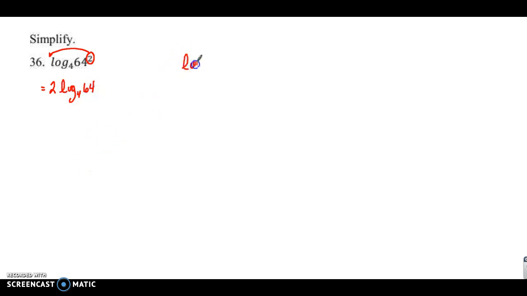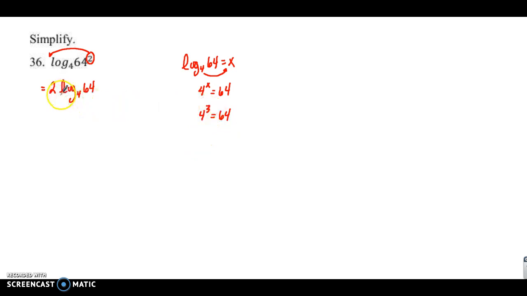Well, if I want to find what log base 4 of 64 is equal to, sort of that evaluating we did before, we could say 4 to what power is going to give me 64. You could maybe figure that out on your calculator if you wanted, or hopefully you know that 4 to the third is equal to 64, because 4 times 4 is 16, and 16 times 4 gives me 64.